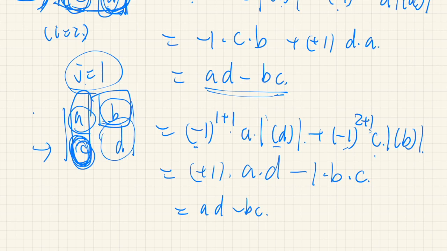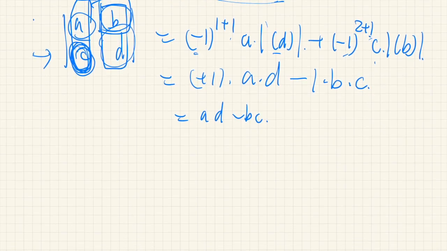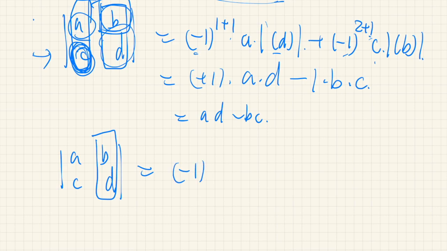And of course, you can pick the second column instead of the first column. Let's do that again. Maybe you get tired here, but let's check it. We pick this column, and negative 1 to the power of first row and the second column.